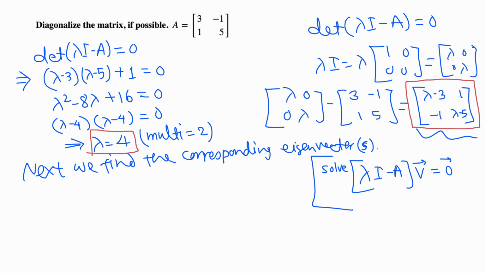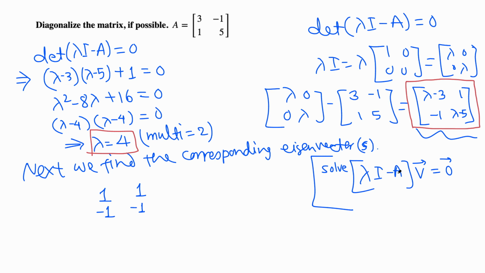We can just write the augmented matrix for that. With lambda equal to 4, 4 minus 3 is 1, and we got negative 1, 1, and 4 minus 5 is negative 1.